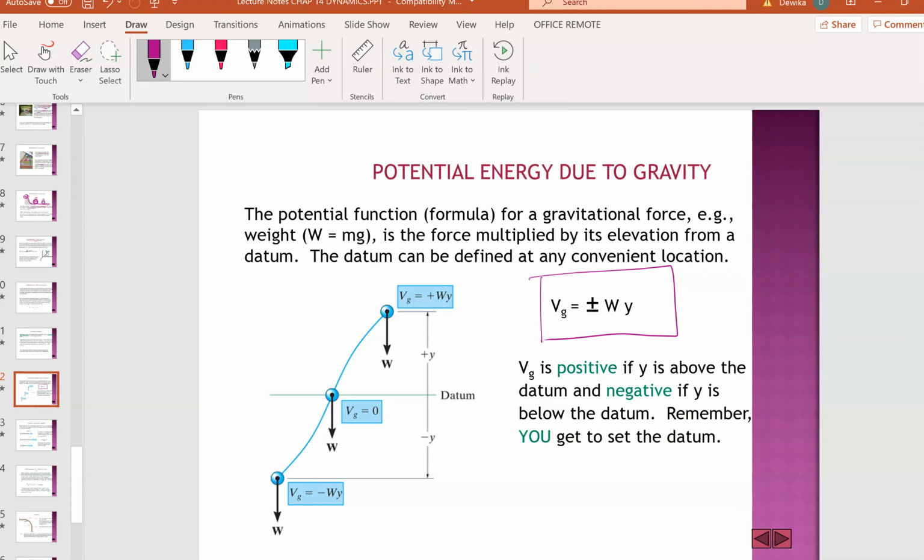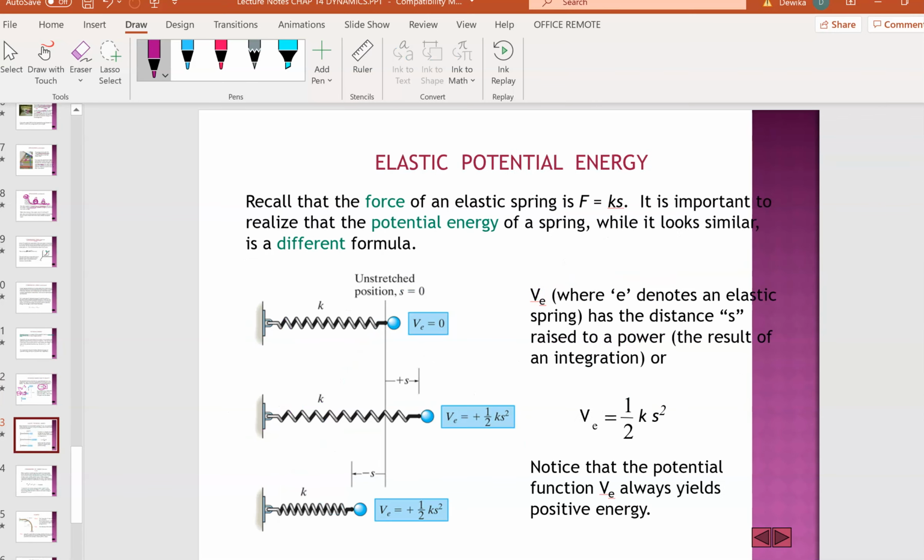Earlier we were combining, T1 plus U12 equals T2. Now we write T1 plus V1 equals T2 plus V2. So conservation of energy: everything that's initial equals everything that's final. The same formula is simply broken up into two parts, mgh initial and mgh final. It's not something totally new, it's just the same thing.